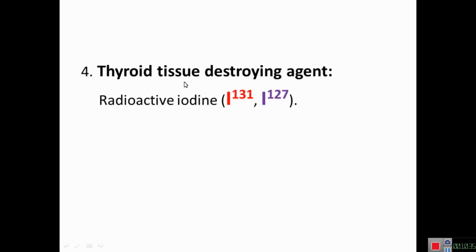And if you move to the thyroid tissue destroying agents, we call it radioactive iodine, and it has two isotopes, iodine 131 and iodine 127. So it has some importance. Look at these pictures.